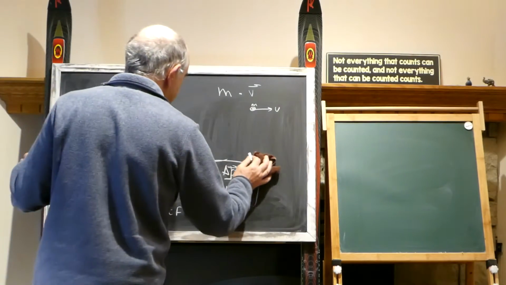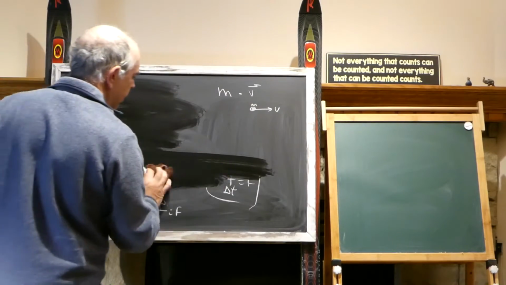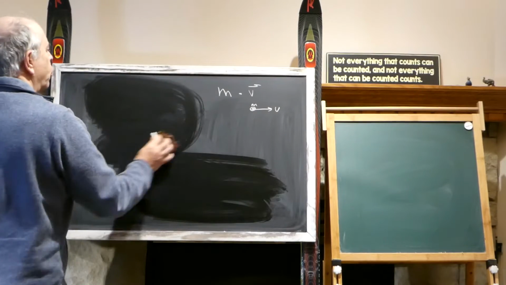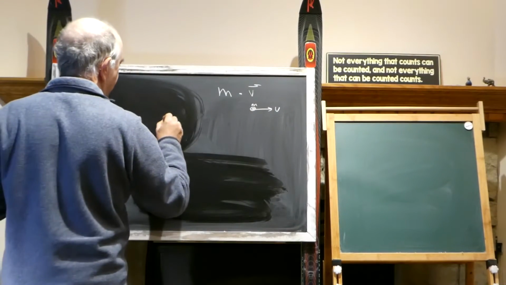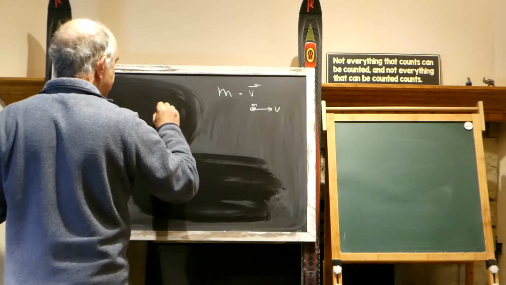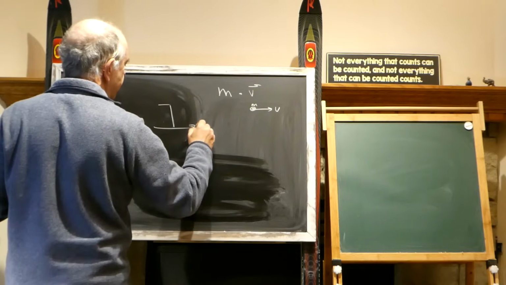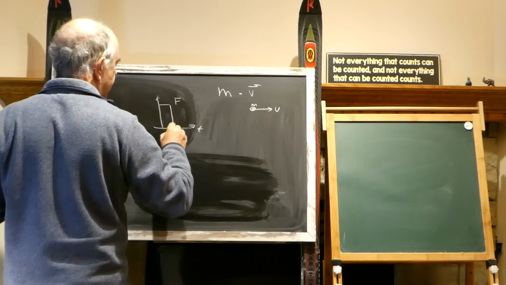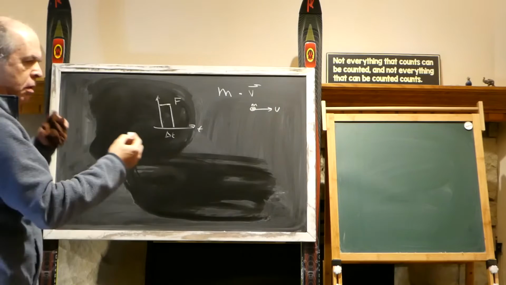And then they do a little bit of a change. They say, let's imagine that we have a collision. It's all good for collisions. Let's say one body collides with another, and the force is constant. This is time, this is force, and this is delta t, and this force doesn't change.